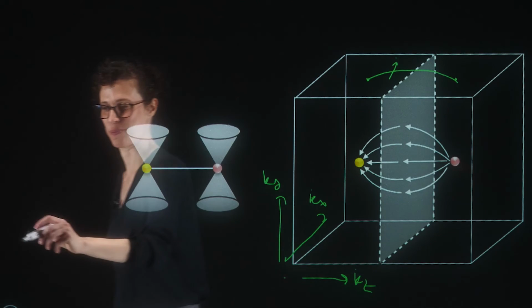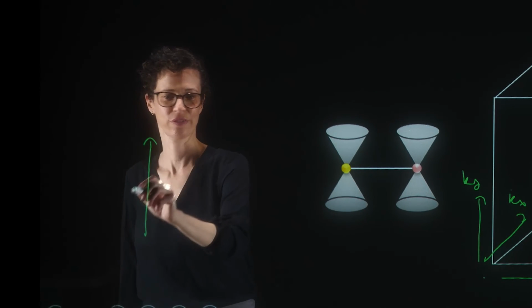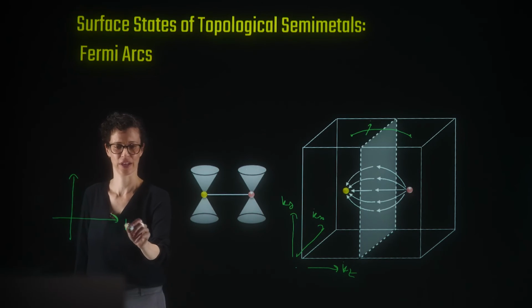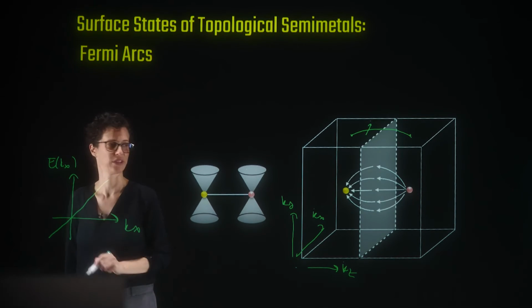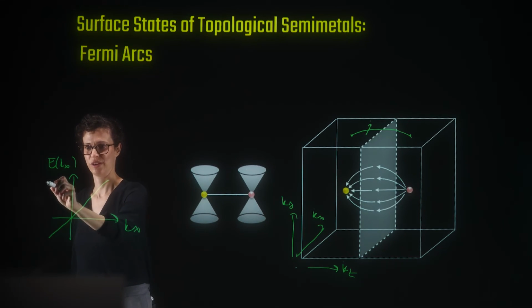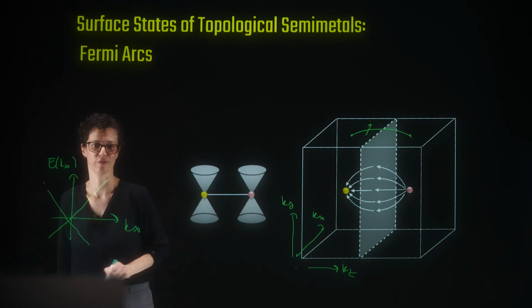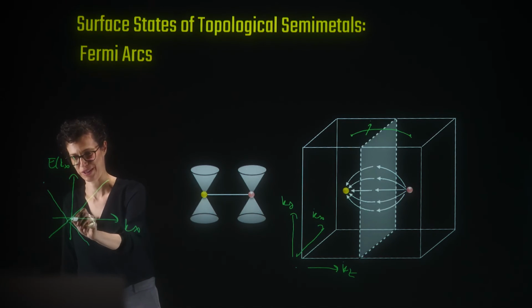If I draw the dispersion on the surface, then as a function of kx, it will just be represented by this chiral mode. And of course, a similar thing happens at the bottom surface, where I have a mode of opposite chirality, of course intersecting at 0.